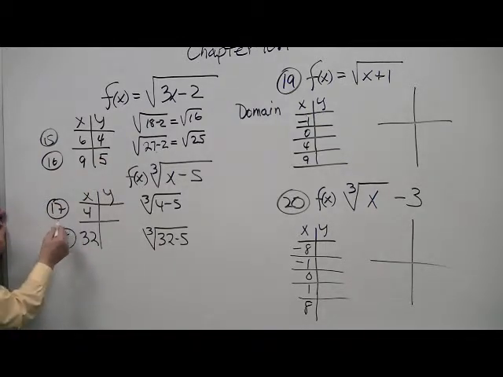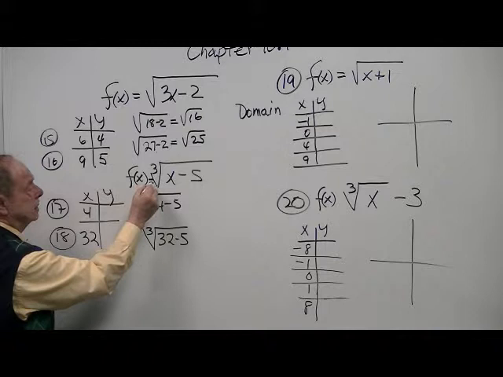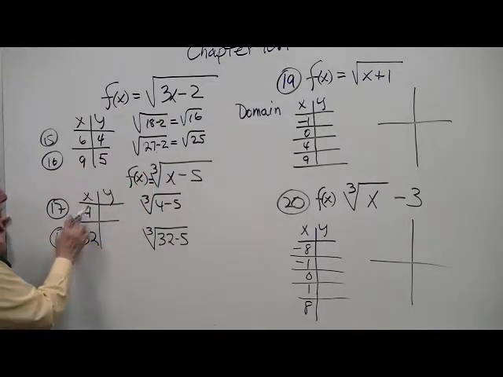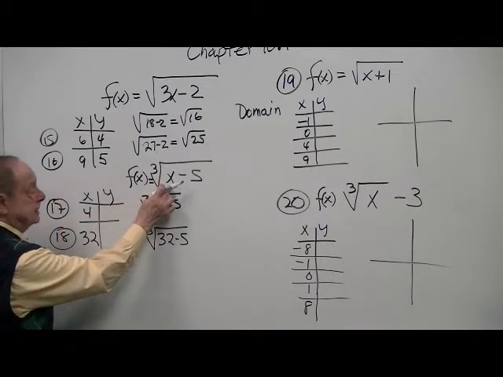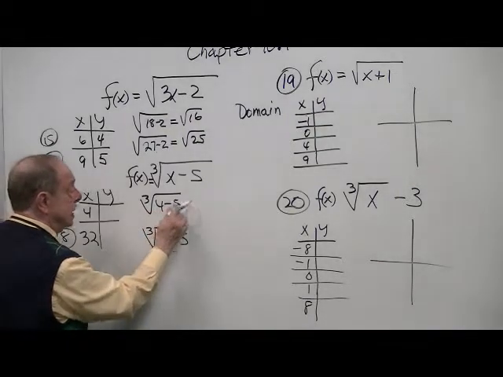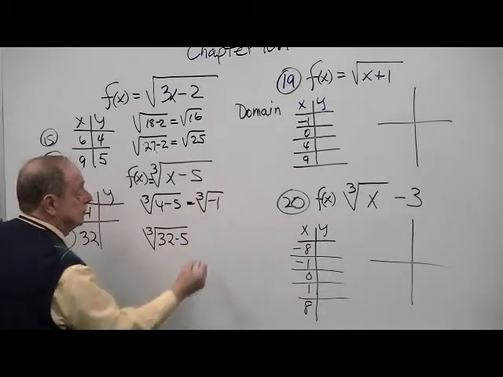All right, in number 17, they're giving you a different function. This is cubed. So we're saying if you put 4 where the x is, we now have 4 minus 5 gives you the cube root of negative 1.